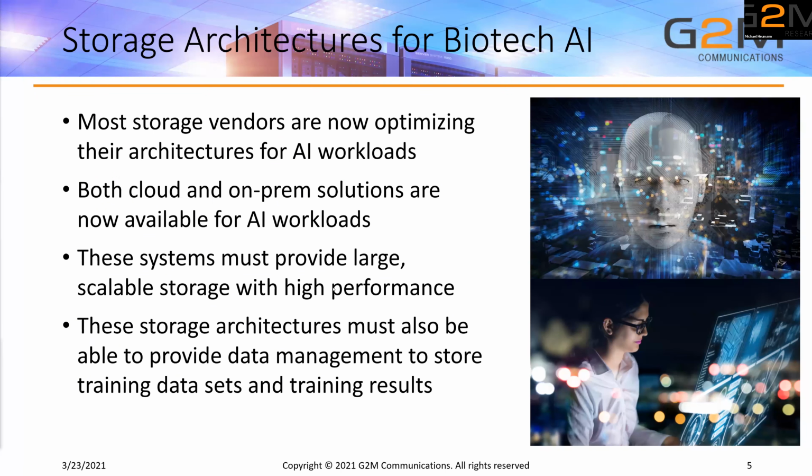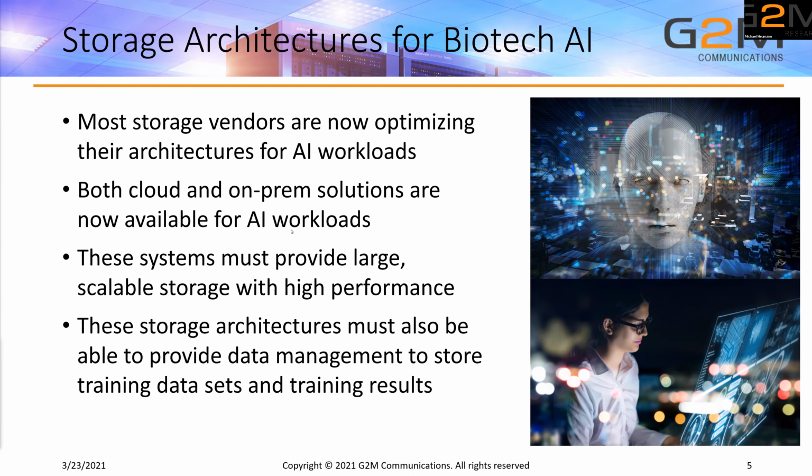The real question for this webinar is, what storage architectures are appropriate for biotech AI? As you probably know, most of the storage vendors today have optimized their architectures, or have optimized versions of their architectures, for AI workloads, because they present a different sort of workload than the standard workload you'd see in the enterprise or on the cloud.